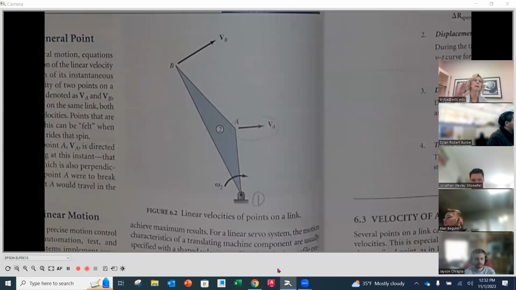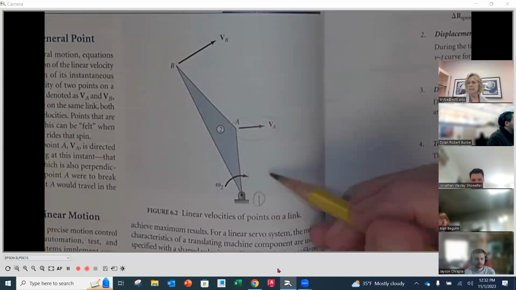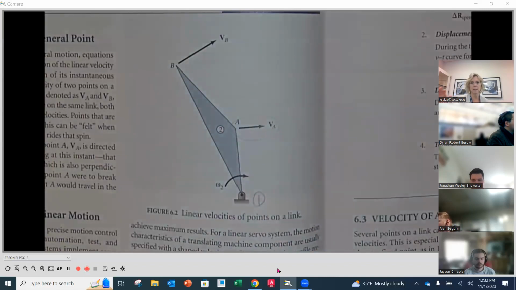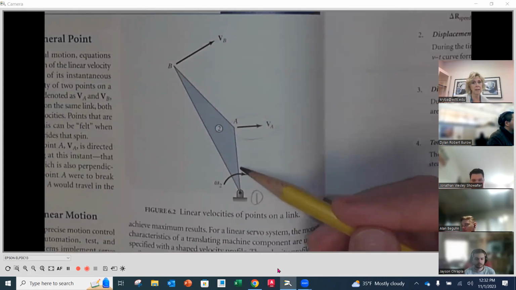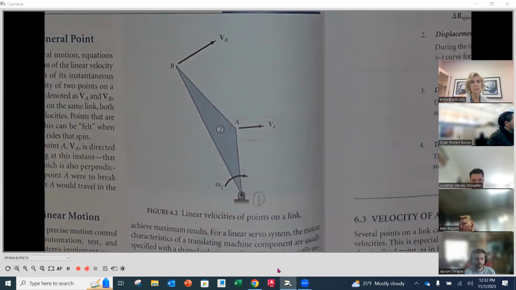And all of a sudden that link suddenly stops. A and B are not affixed to the link, so they're going to continue moving. The V vectors here show us the motion that they're going to take. They are not going to continue to go in a circle, because being on the link and rotating about that center keeps them in a circular path.